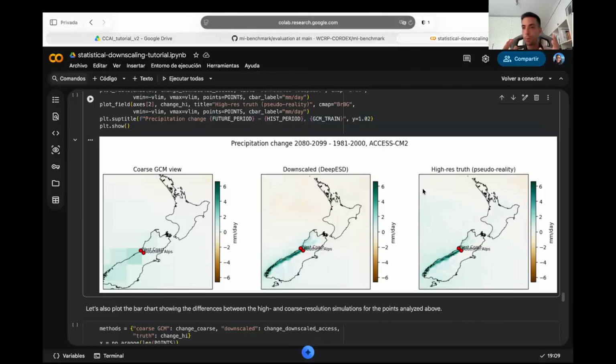So the final purpose of deep learning models for statistical downscaling is to achieve this: given this coarse simulation by a GCM, to produce something that has the high resolution data required to, for instance, take decisions on the impact of climate change in these two local regions. And actually we can see here that we are getting something similar to an RCM, which is a more computationally expensive dynamical approach.